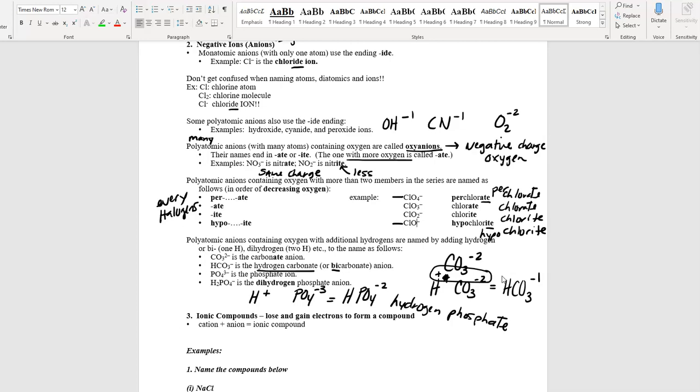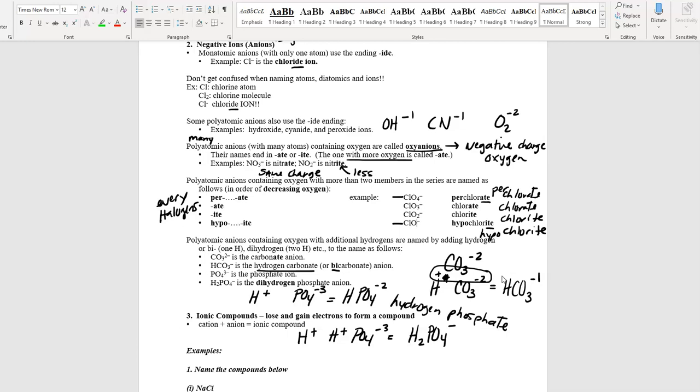But there is another polyatomic that actually has 2 hydrogens. So what if I take H+ and PO4 and add that all up? I'm not going to put HHPO4. I'm just going to add those two H's together, so I call it H with a subscript of 2, PO4. Basic math: +1 +1, -3.